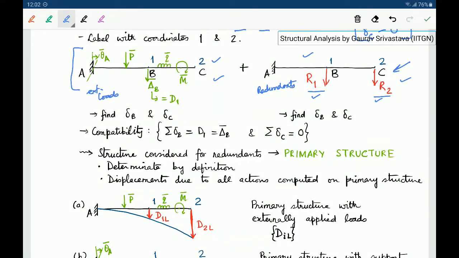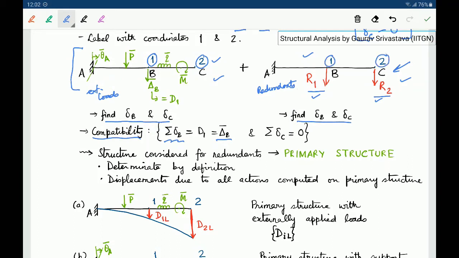Again, just to repeat, we find delta B and delta C from here, we find delta B and delta C from here, and then we set the compatibility equation, which is the summation of all the displacements from all such analyses set equal to delta B bar. In this case, we have also denoted these as coordinates 1 and 2. The point B we are calling coordinate 1, and the point C we are calling coordinate 2.